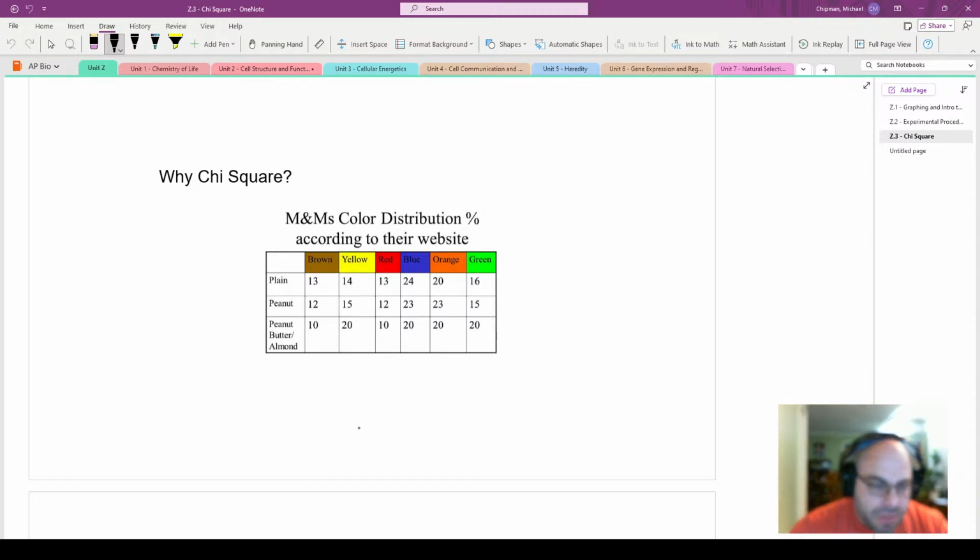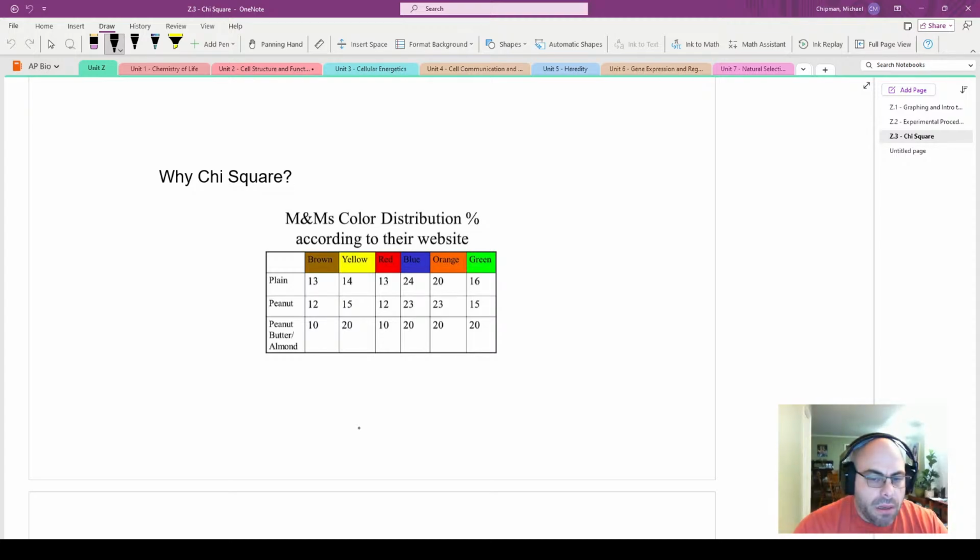So if you were to get 1,000 bags of M&Ms and measure them, then you should get these numbers. How do you know that the numbers you actually get are close enough to these numbers that you can just accept them, that you can say, yeah, it's close enough?